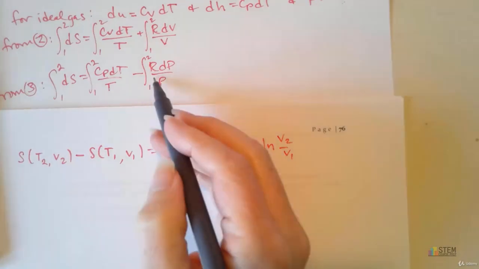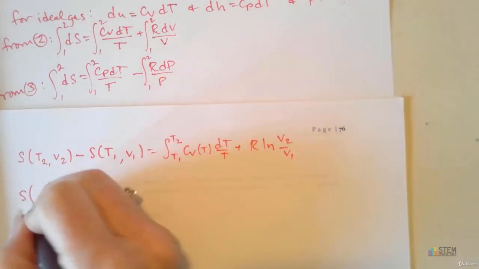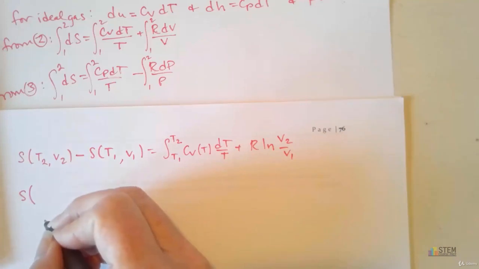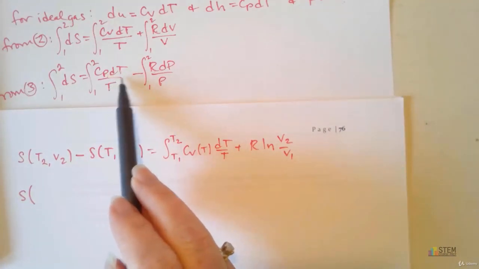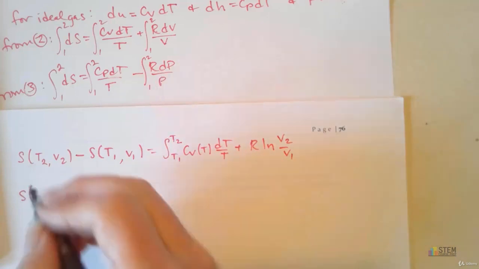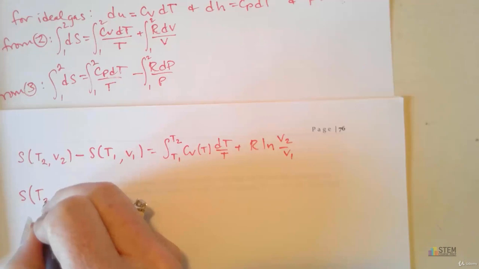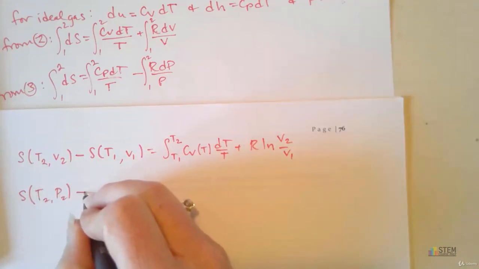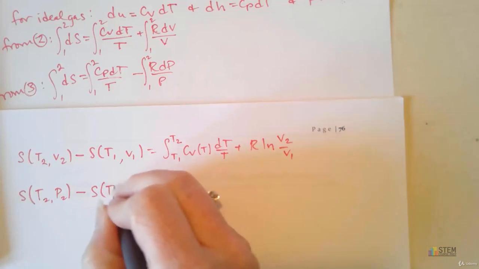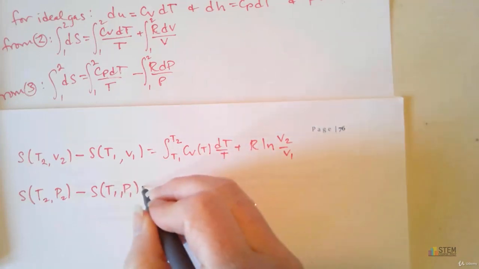And then for the second equation down here, we'll do the same thing. For this one, notice on the right side we've got temperature and then pressure. And for that, we'll have the entropy. It's going to be a function of T2 and P2. This was for state 2, minus the entropy at state 1. So that'll be a function of the temperature and pressure at state 1.